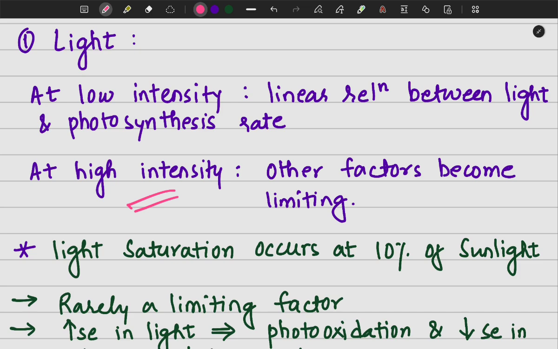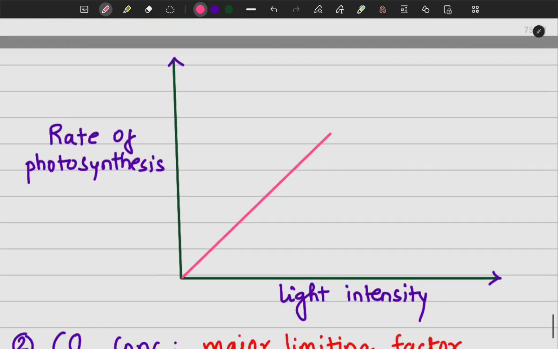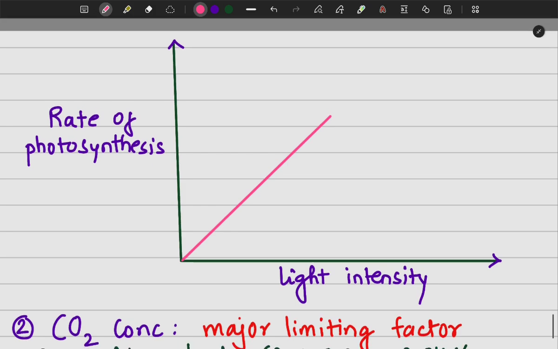And at high intensity, the rate of photosynthesis will increase to one level like this, and after some time it will become constant. That means there will be no further increase in the rate of photosynthesis if we keep on increasing the intensity of light. At low light intensity, the rate of photosynthesis will increase up to a point linearly.